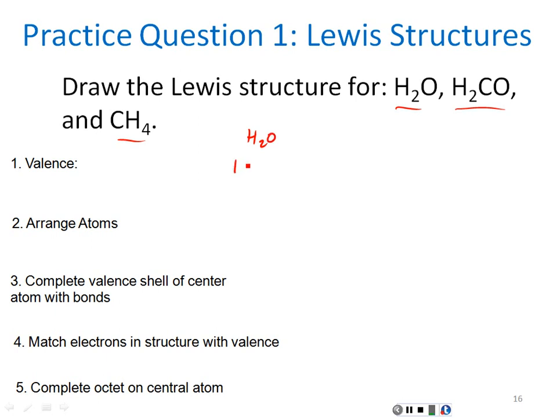Each hydrogen has 1 valence electron, oxygen has 6, so we have a total of 8 valence electrons. We arrange the atoms. Oxygen has the highest binding capacity, so it goes in the center. We draw single bonds, so we've used 4 electrons in the bonds.